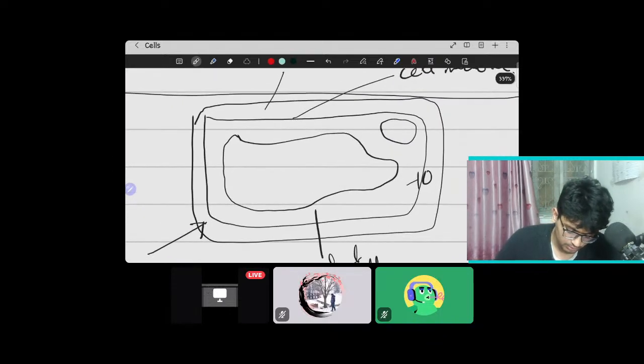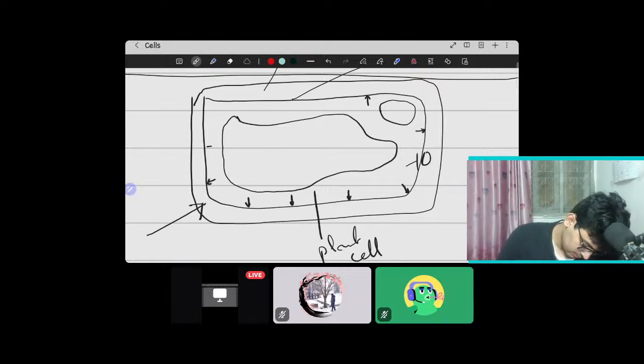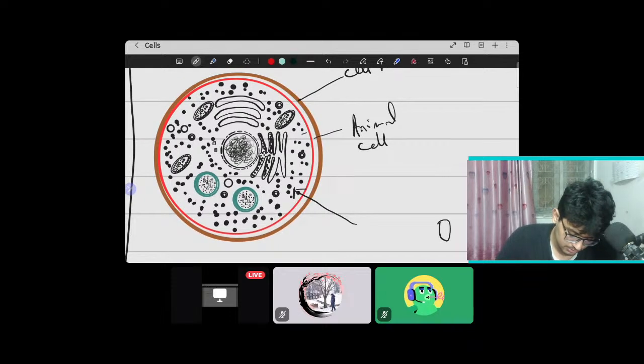Now, after some time, when the water is full, it will start exerting turgor pressure or water pressure on the walls of the cells. In this case, the last wall is going to be the cell wall, and in this case it's going to be the membrane.